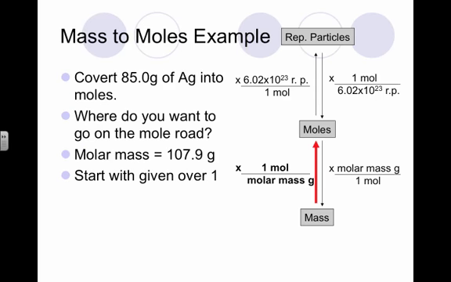So let's say we were given grams and we're going to calculate moles. Let's say we were asked to convert 85.0 grams of silver into moles. Where are we on the mole road? Well, the grams tells us we're in mass. Remember, mass and grams are the same thing. And we want moles, so I'm going up to the middle part of the street.